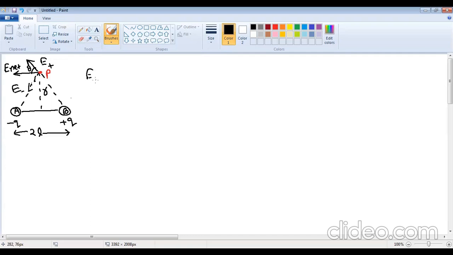What are these? We know that the electric field due to a point charge at some point is written like this. This is the expression for the E plus charge. Likewise, we can write the expression of E minus charge.